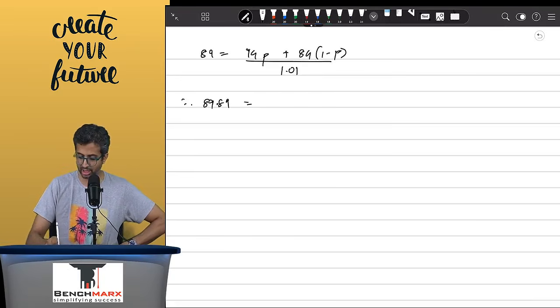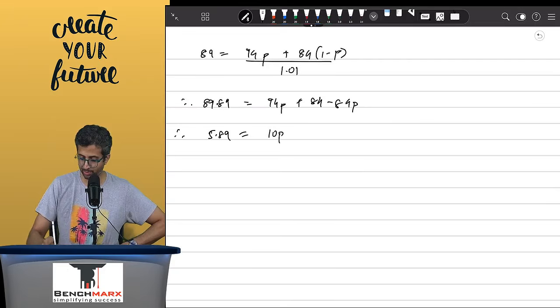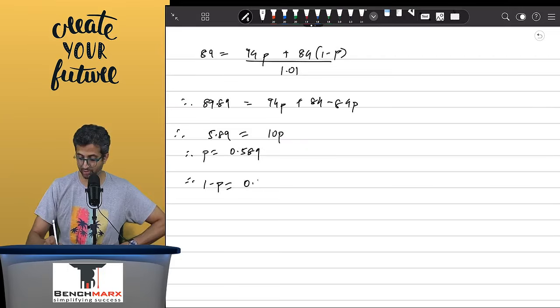So 89.89 equals 94p plus 84 minus 84p, and therefore if you subtract 89.89 minus 84, this is 5.89 equals 10p. Therefore p is equal to 0.589, and therefore 1 minus p, if you calculate 1 minus 0.589, will come to 0.411.